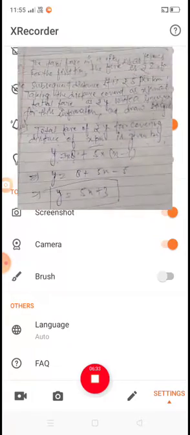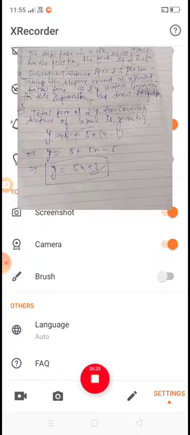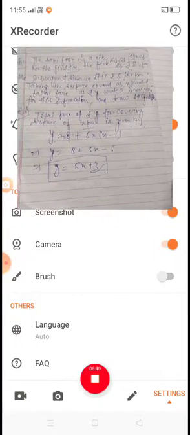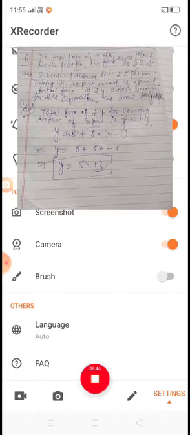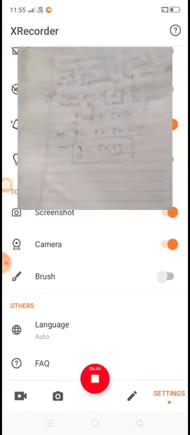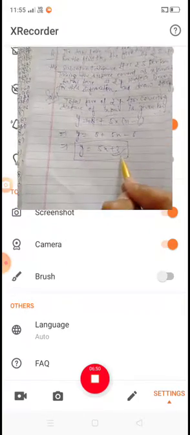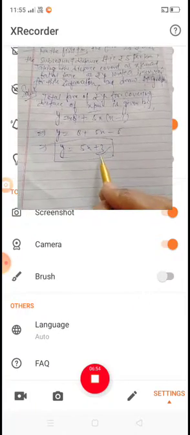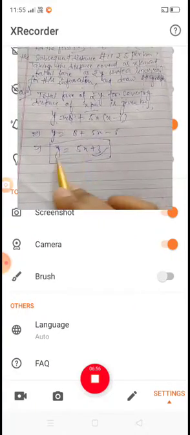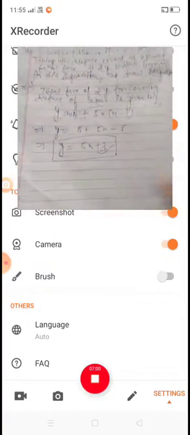Here y is already expressed in terms of x, so we get the points.